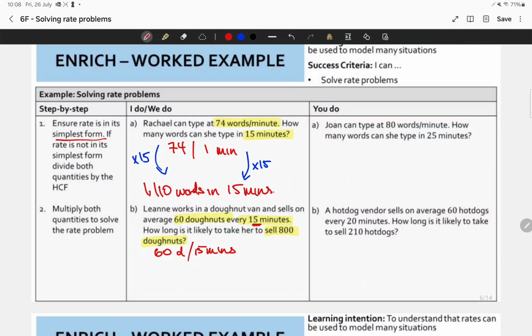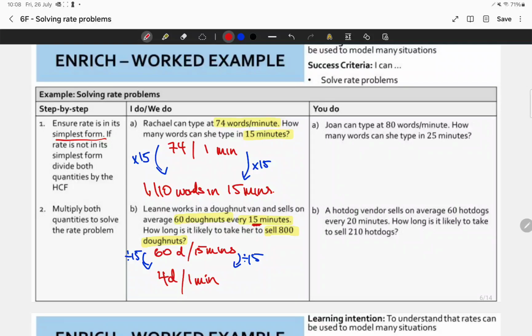So what we want to do is divide both sides by 15 because I want to try to get this 15 to 1. So divided by 15, divide by 15, divide by 15. So then that means it's going to be 4 donuts per 1 minute, okay?